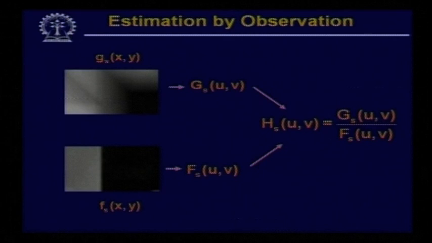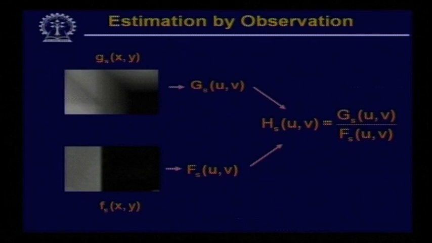So, from this, by taking the Fourier transform, we will compute F_s(u,v), and from here, by using the Fourier transformation, we will compute G_s(u,v).